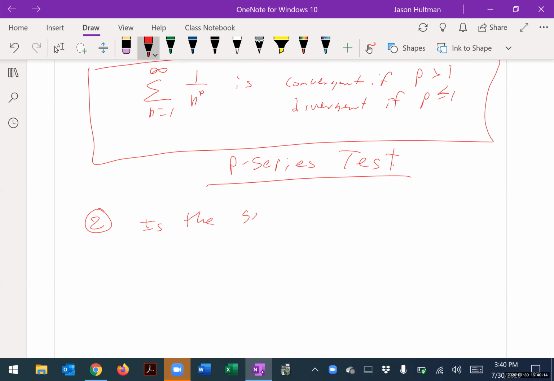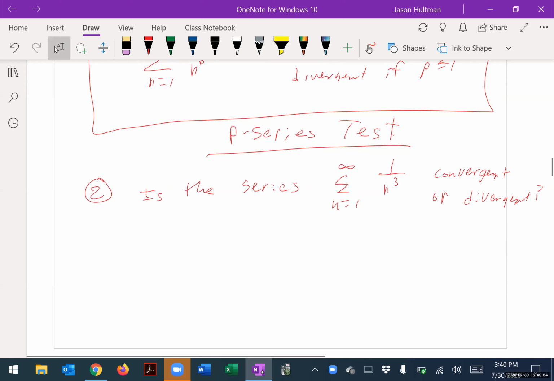Is the series, summation n equals 1 to infinity of 1 over n cubed, convergent or divergent? Well, let's see what we got here.